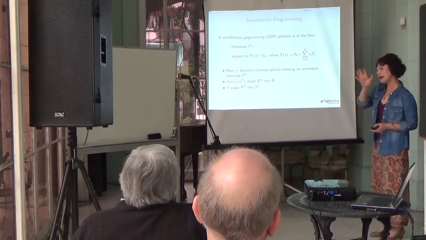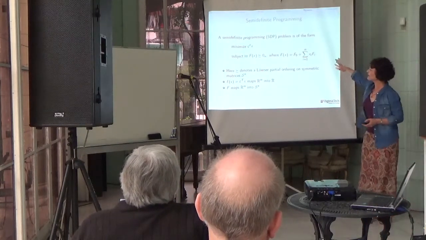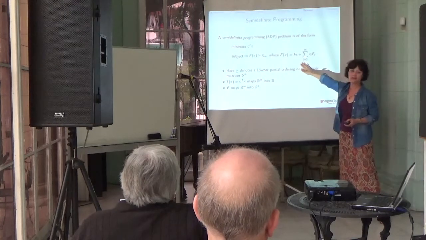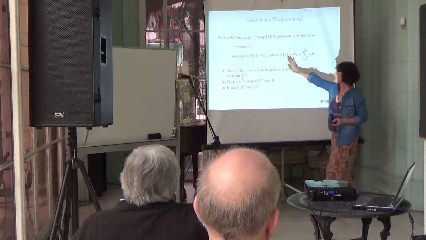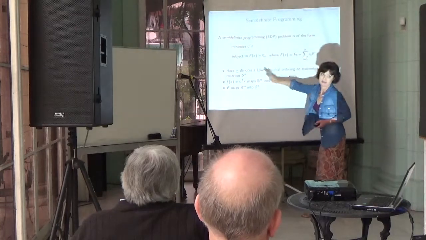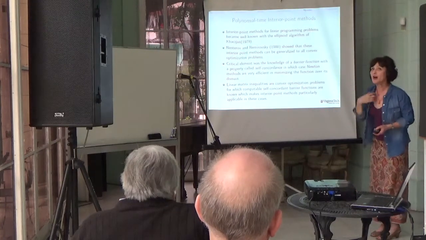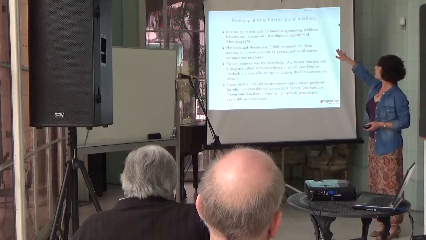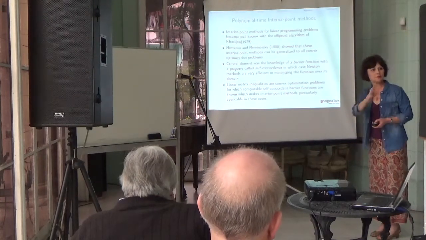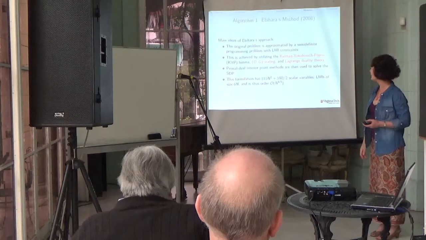So the question is, can I recast that problem in a format like this, where I have a linear matrix inequality constraint, where this reflects positive semi-definiteness? And the reason people ask about that is there are very efficient interior point methods to use that, right? So the algorithm is hard.